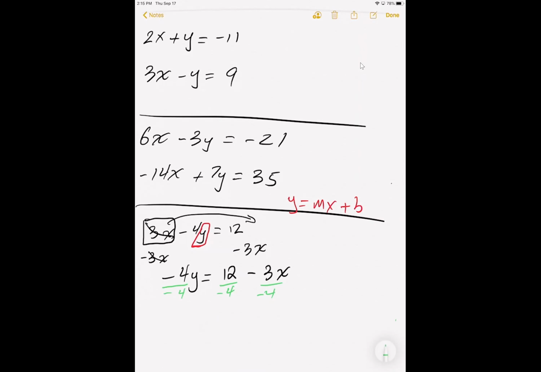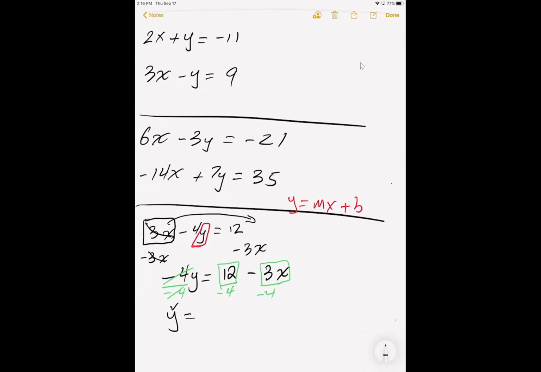Reminder, you have to divide every term. In this case, I divide the 12 and the 3x by negative 4. So my y is by itself. Everybody see that my y is by itself? I have it checked.